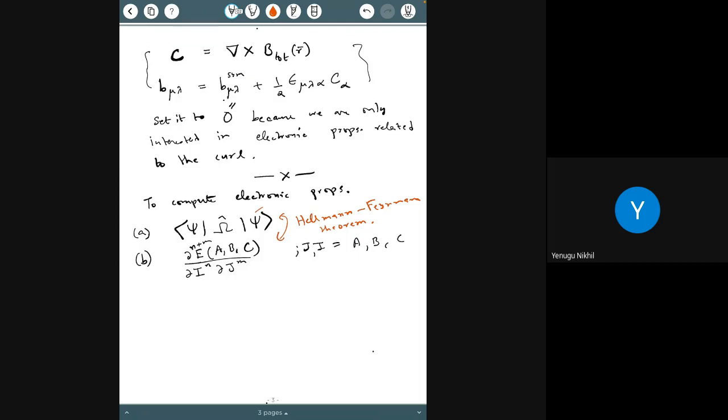So an exact wave function will involve an exact basis set as well as an exact model. So full CI, for example, in an infinite basis, the Hellman-Feynman theorem would hold exactly. But otherwise, these are not exactly equal.